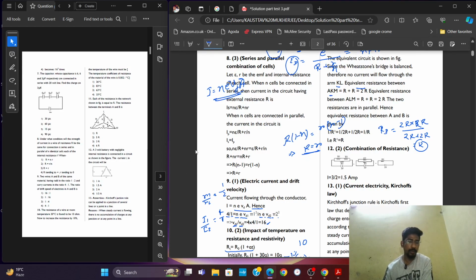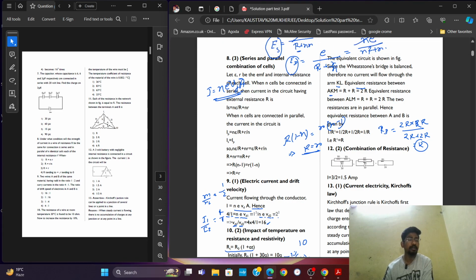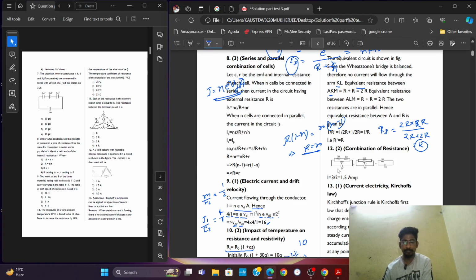A 3-volt battery with negligible internal resistance, small r is 0 here, is connected in a circuit as shown in the figure. Like this, a triangle is connected to a rectangle. If you rearrange this, it will look like this. 3 ohm and 3 ohm, these two are in series, and this is in parallel with them. So 3 plus 3 is 6, and 6 and 3 in parallel equals 6 into 3 divided by 6 plus 3, which equals 2.